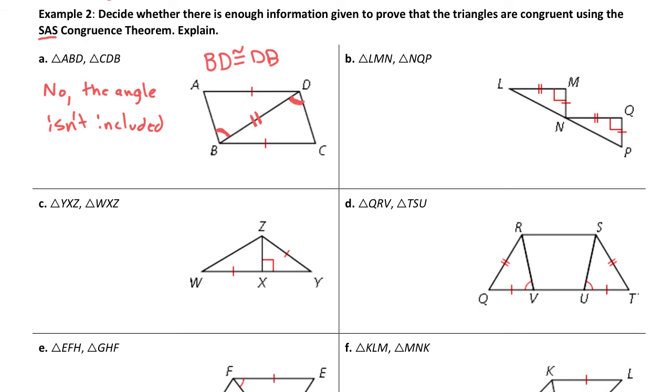As for part B, we look at this set of triangles potentially being congruent. Both of these angles are right. They're both 90 degrees, meaning they are congruent. So this pair of triangles is congruent by SAS because we have 2 pairs of sides and the included angle are congruent.